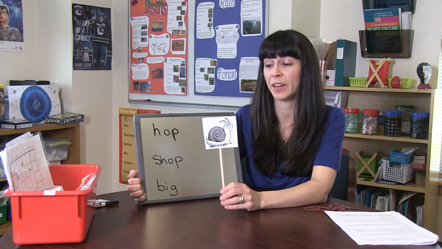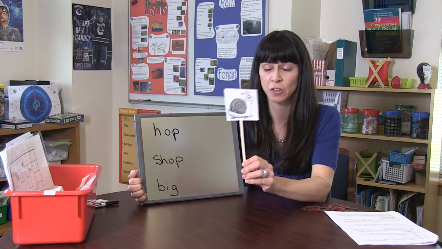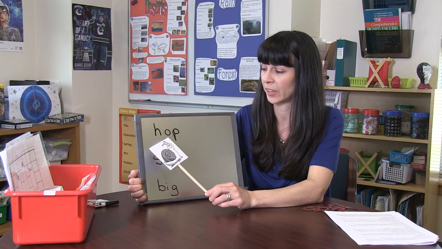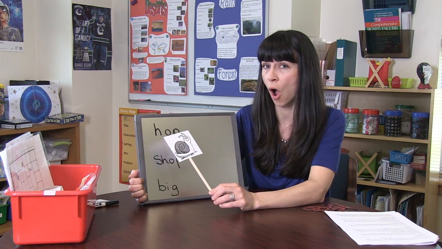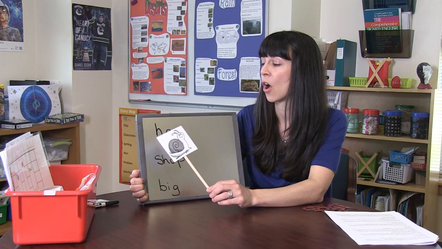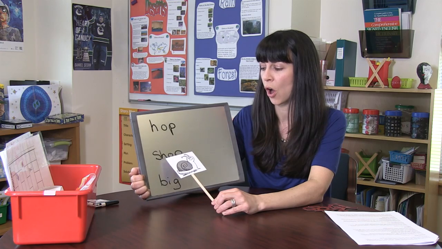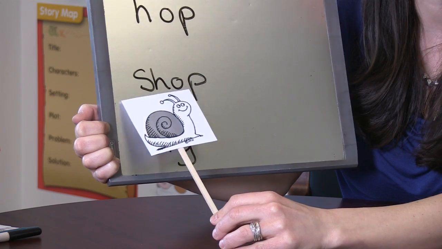Alternatively, you can make the student become the snail talker, where they have to segment the word and say each sound, like h, o, p, and then practice blending those sounds together. Hop, or in this case, sh, op, shop.